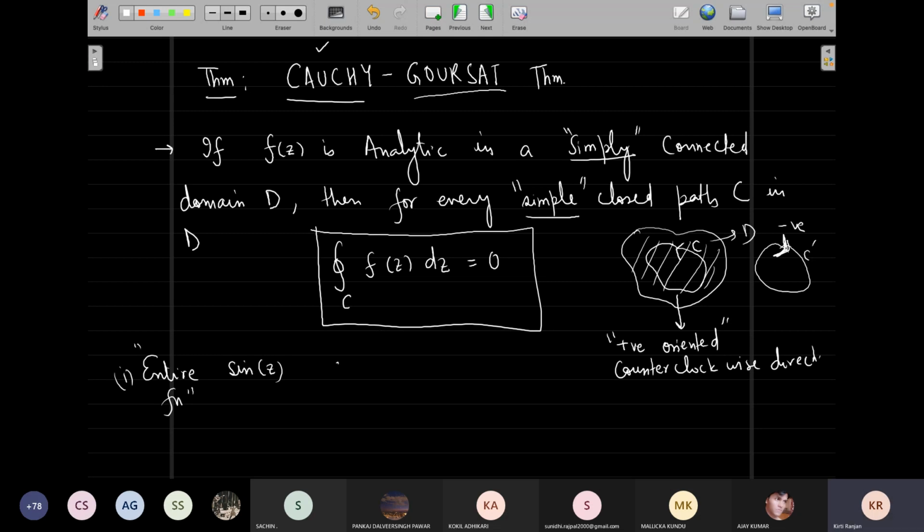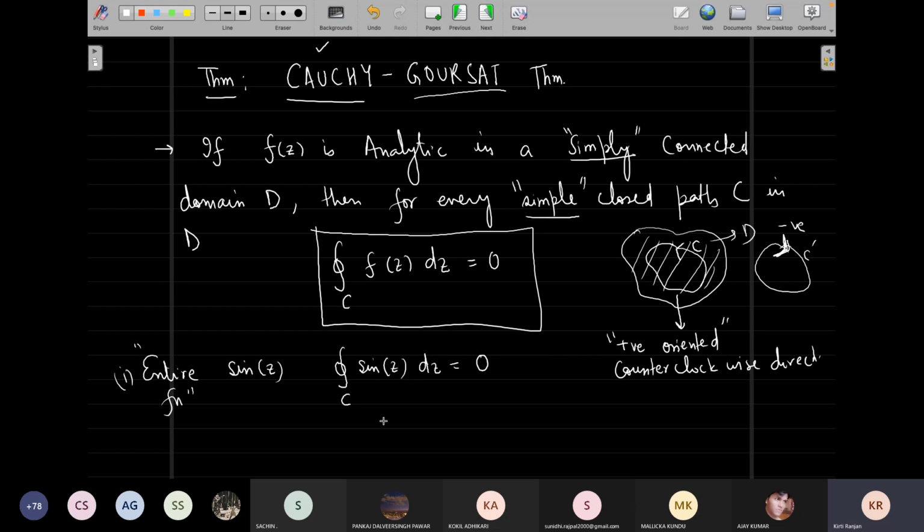And if I ask you, let's say, the integral of sin z dz over any contour lying in the z plane, what would be the result, even without going through any integral? Zero.